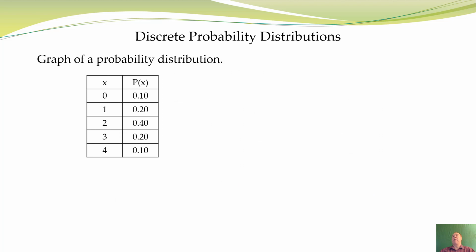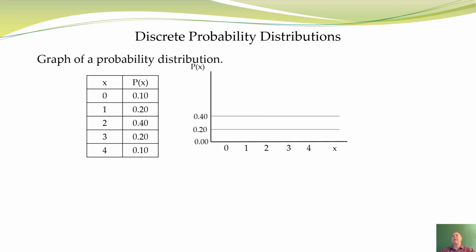Now, graph of a probability distribution. We would have our vertical axis, horizontal axis. On the horizontal axis, you would put your random variable x values, 0 through 4. On the vertical axis, you put your probabilities. We can space these out because we're going from 0 to 1 for probability.